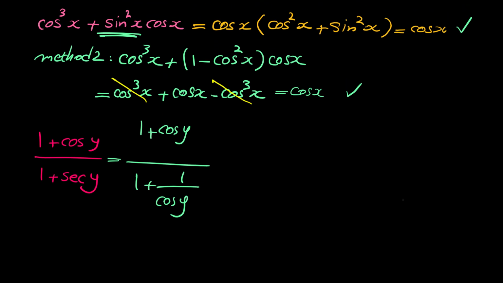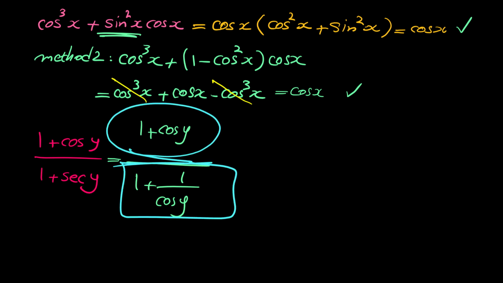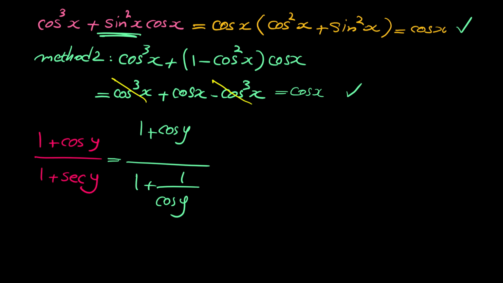Here we want to simplify this expression. And attention, this is my numerator, this is my denominator. If you want, you can consider a 1 as the denominator for this. The best way for simplifying this compound fraction is to multiply the numerator and denominator by something that can help us get rid of this fraction.